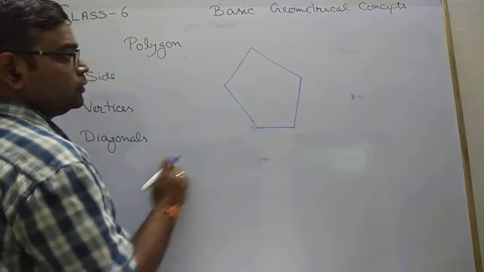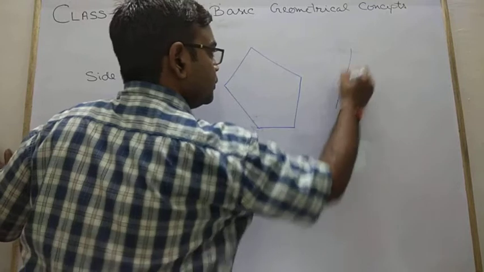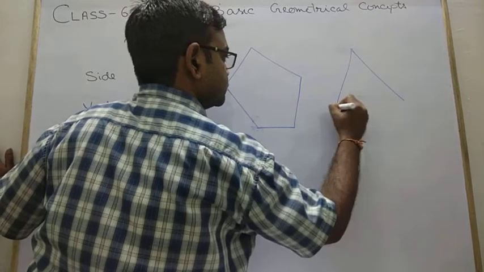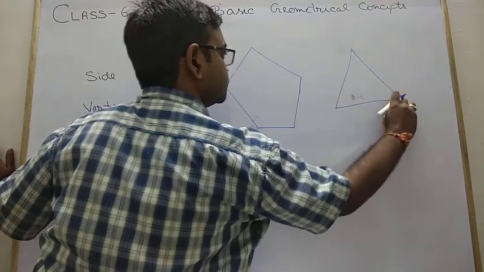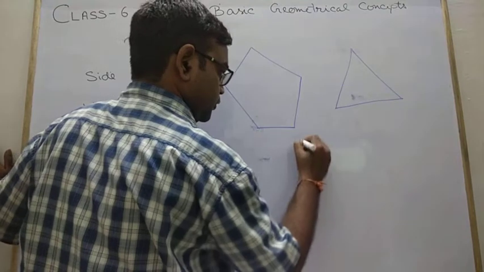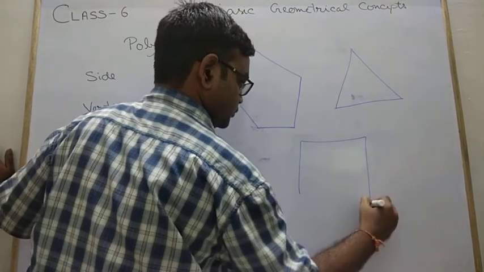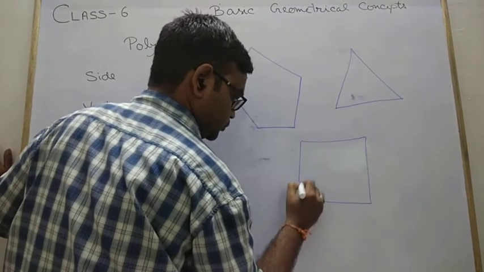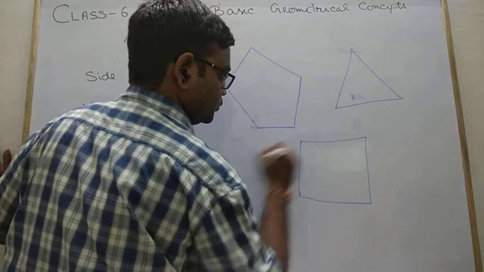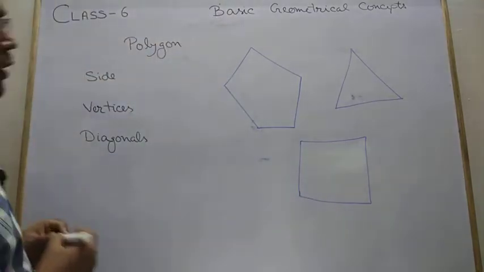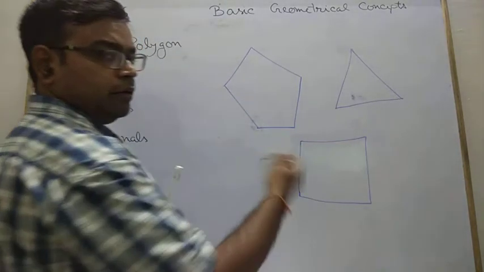This is one polygon, and another polygon, this one, or one more polygon, this one. Clear? Avoid the curves because I made them by hand.